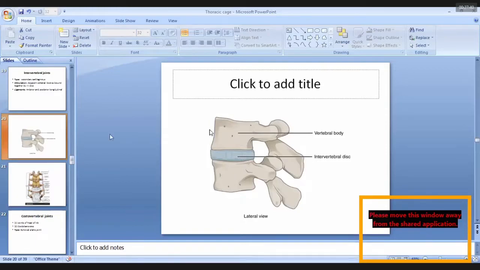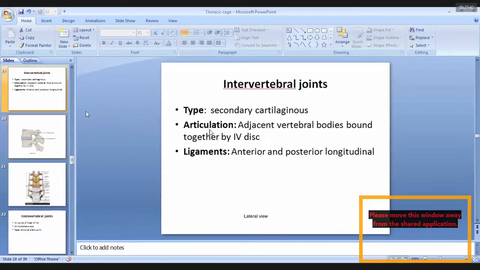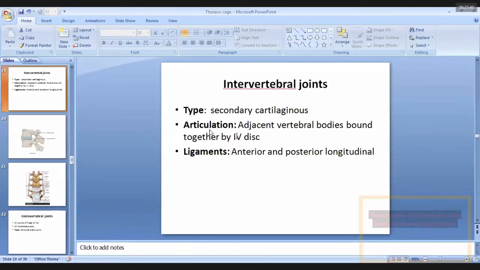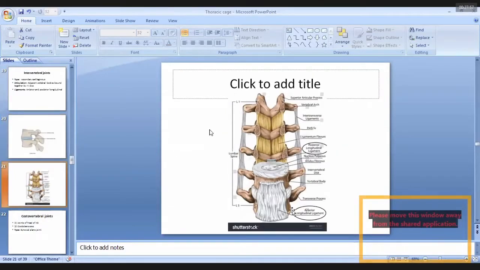The type of the joints, they are secondary cartilaginous joints, and the associated ligaments of the intervertebral joints: on the anterior aspect, there is the anterior longitudinal ligament, and posteriorly, there is the posterior longitudinal ligament. So anteriorly, the joints are strengthened by the anterior longitudinal ligament, and on the posterior aspect, there is the posterior longitudinal ligament.